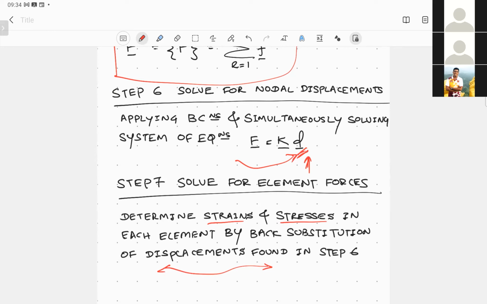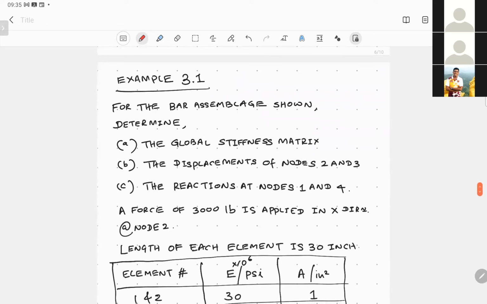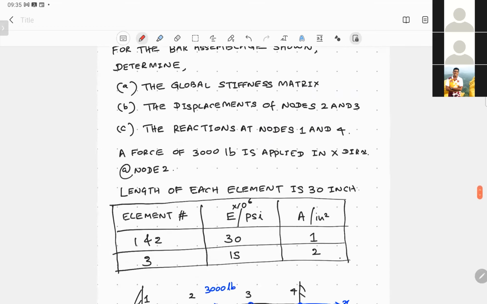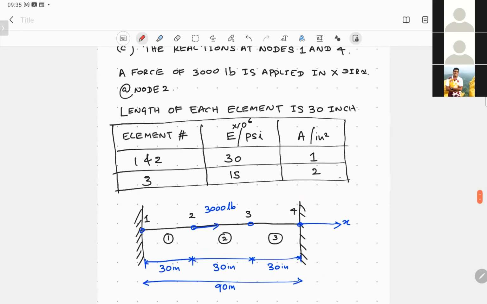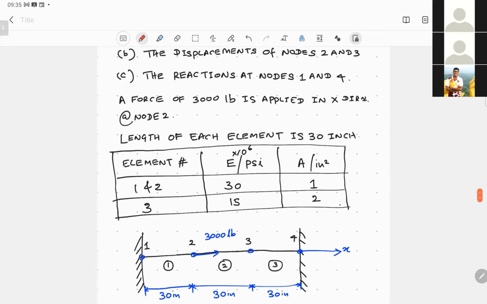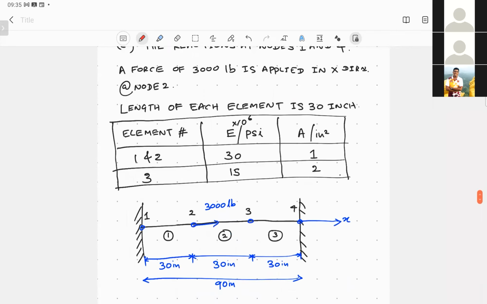So it's quite straightforward. So let's call this example 3.1, for the bar assemblage which is shown in this figure. There are three bar elements which are interconnected, and so we can identify 4 nodes, 1, 2, 3, and 4.